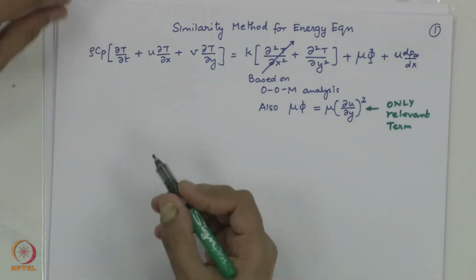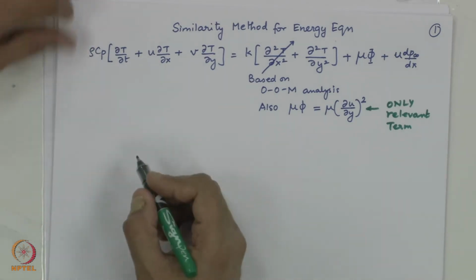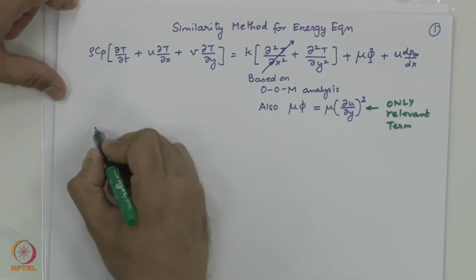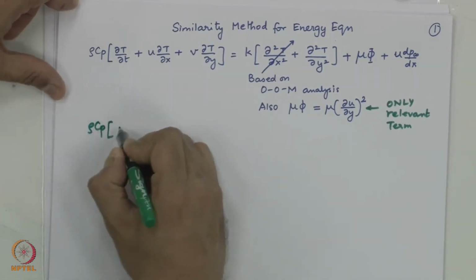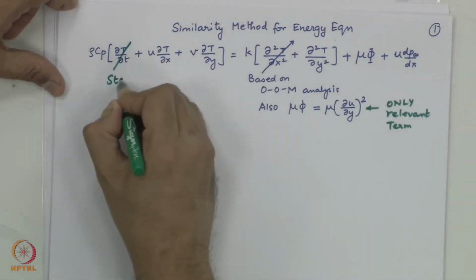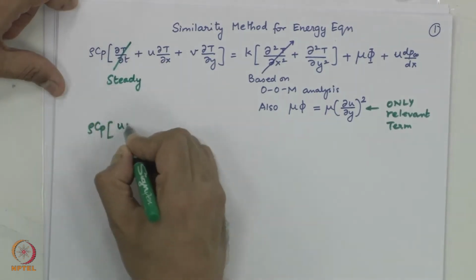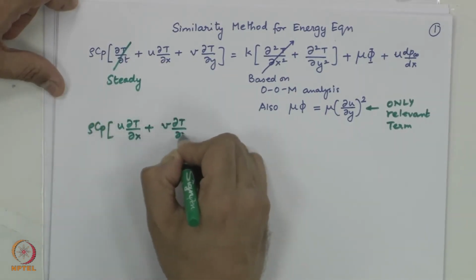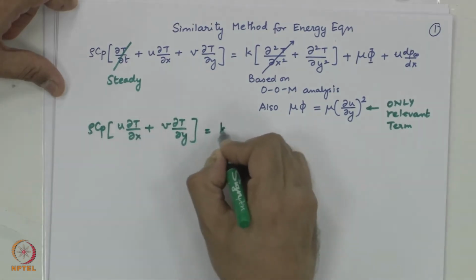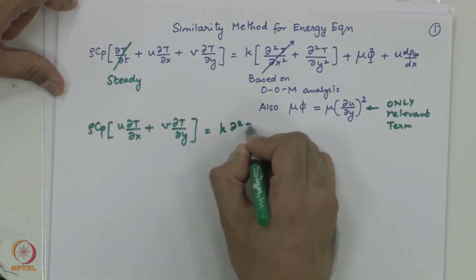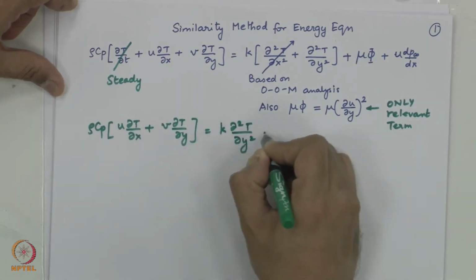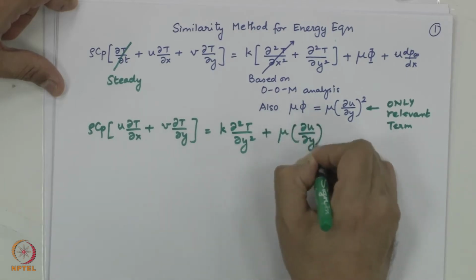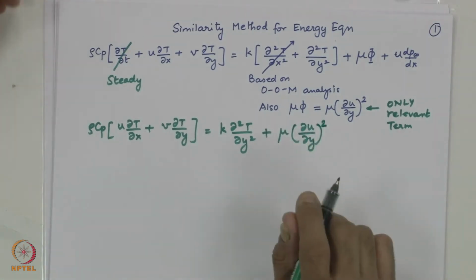So based on these simplifications, we will rewrite the energy equation, and of course we are talking of steady state, as rho Cp (u dT/dx + v dT/dy) is equal to k d²T/dy² plus mu into (du/dy) whole square.